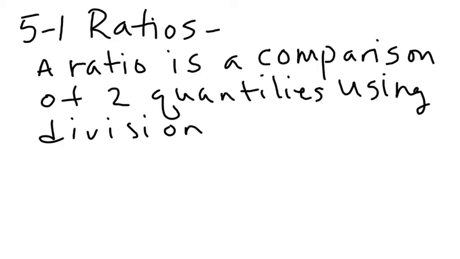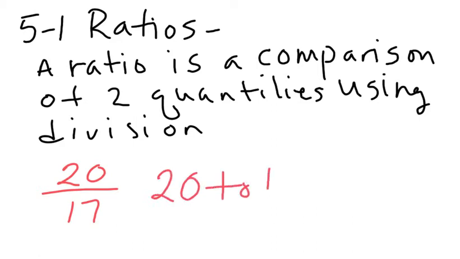So you could say the ratio of those scores is 20 to 17, or you could write it 20 to 17, or you could even write your ratio 20 with the colon to 17. Those are the three ways you can write a ratio.